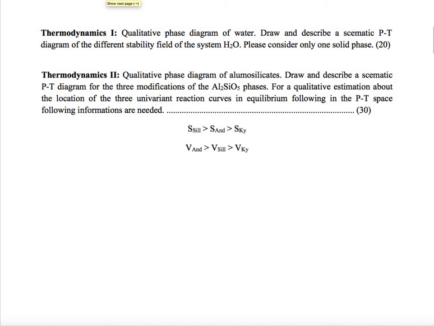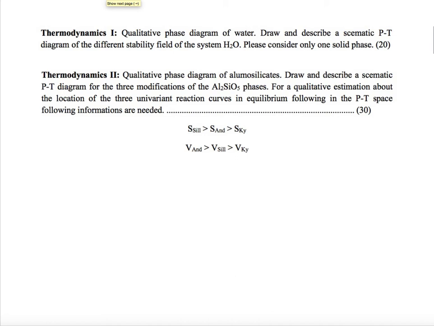Then thermodynamics 2: there you should draw the qualitative phase diagram of the alumosilicates, and you know the 3 alumosilicates, that is kyanite, sillimanite and andalusite. All 3 of them have the same mineral chemical formula, which is Al2SiO5. That means these are polymorph minerals.